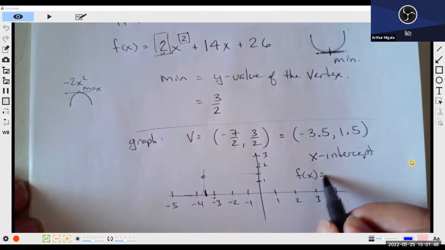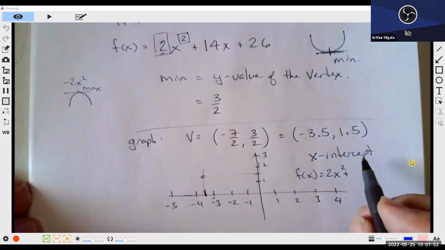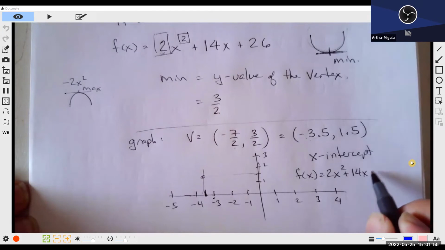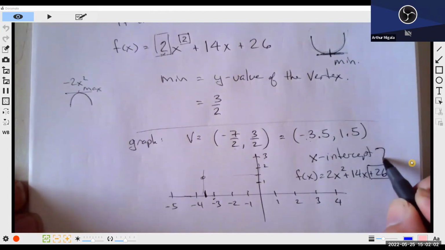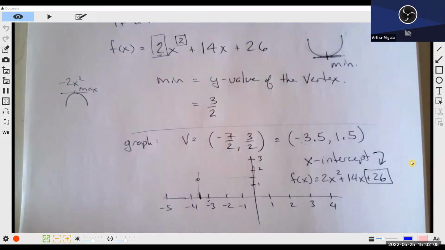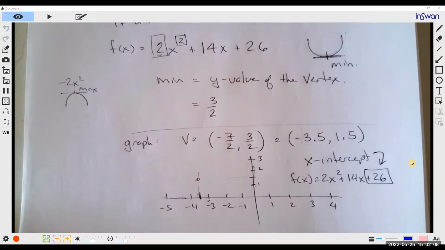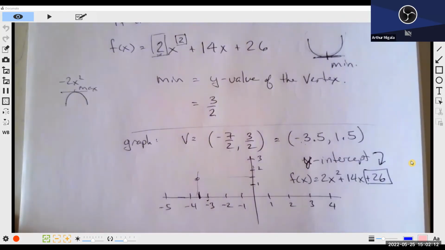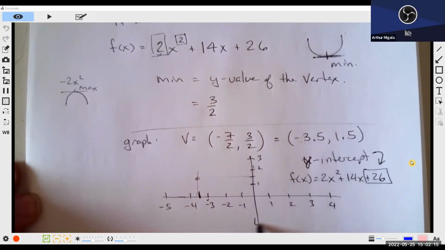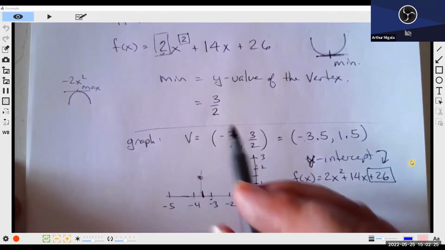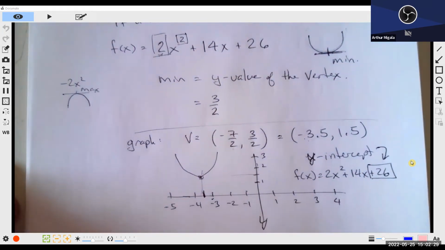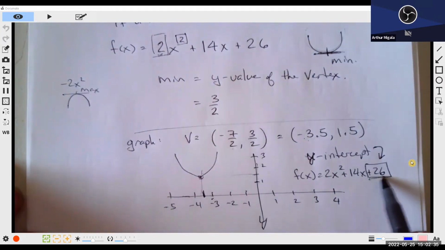With any quadratic equation, or any equation, period, the constant number is always the y-intercept. I'm sorry, it's the y-intercept, not the x-intercept. With the vertex at (-3.5, 1.5), and it opens up because it's positive, we have no x-intercepts. All we know is that the graph is going to cross the y-axis at 26.